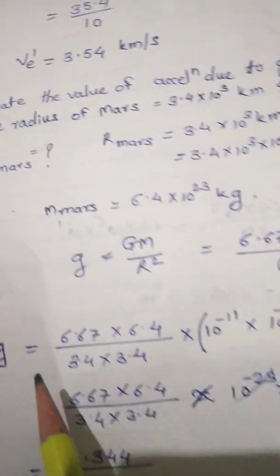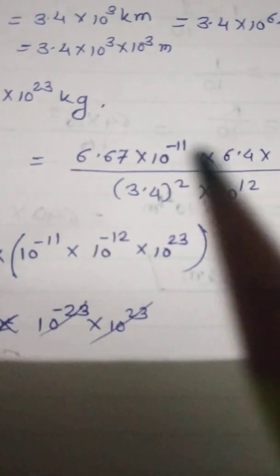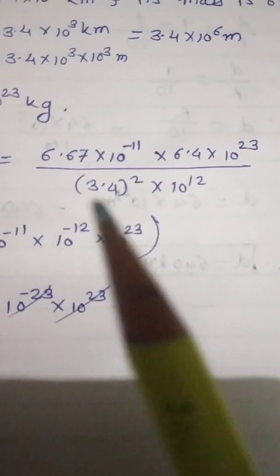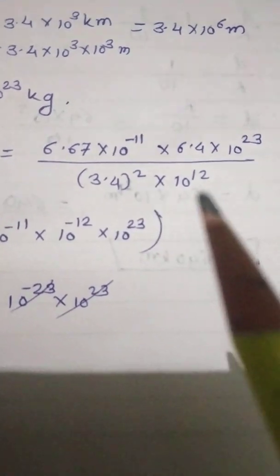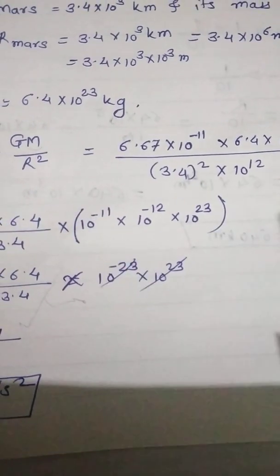So g is equal to 6.67 into 10 raised to minus 11 into 6.4 into 10 raised to 23 upon 3.4 square into 10 raised to 12.